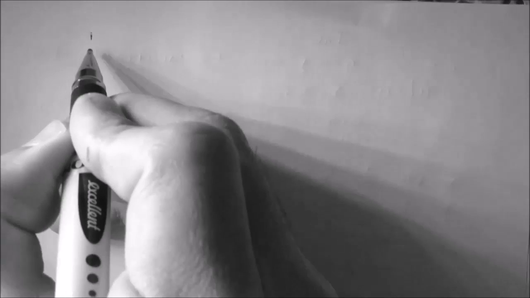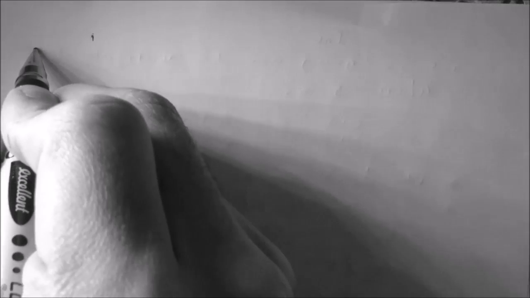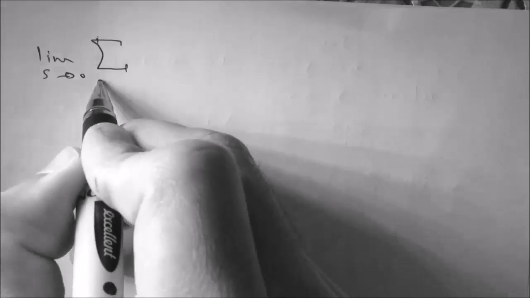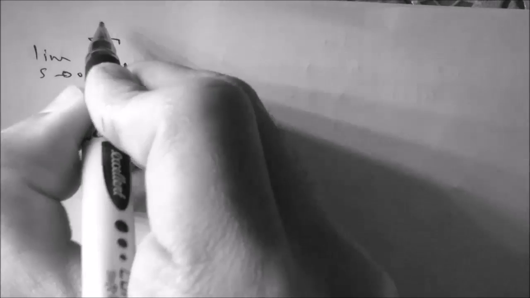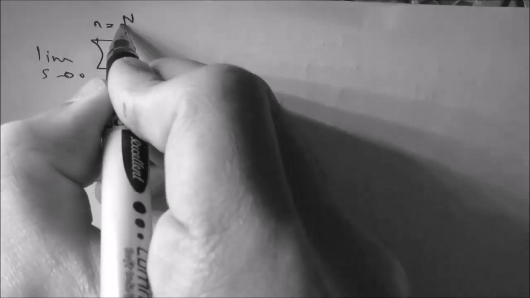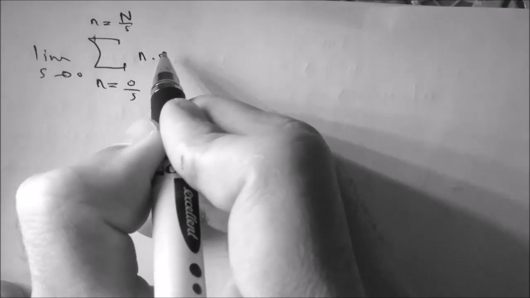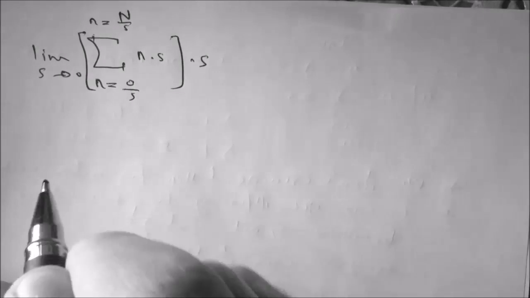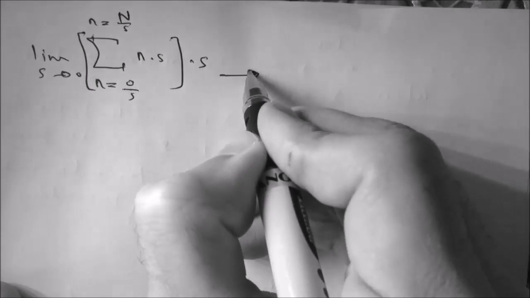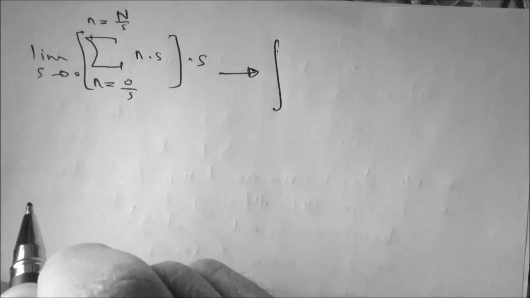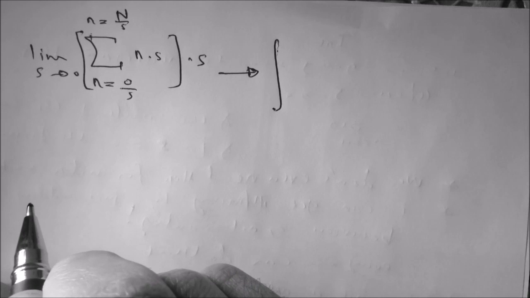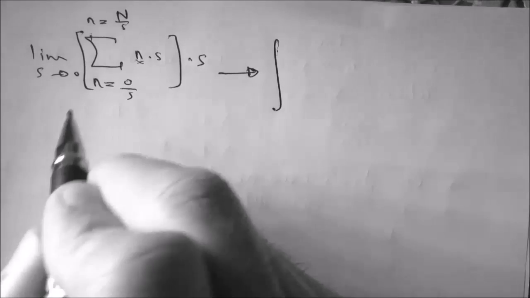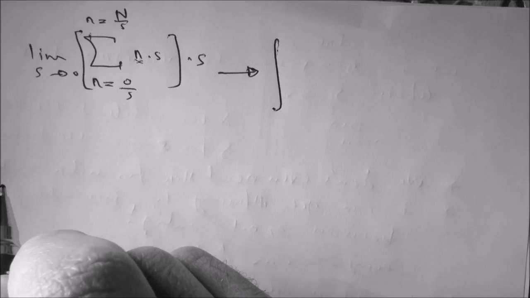So as a summary, what we did earlier is that we defined a new symbol. We replaced the limit s approaches 0 of the summation from n equals 0 over s to n equals n over s of n times s, and we defined a new operator, which is the integration. Now this operator doesn't work with n. It works with a continuous variable like x.